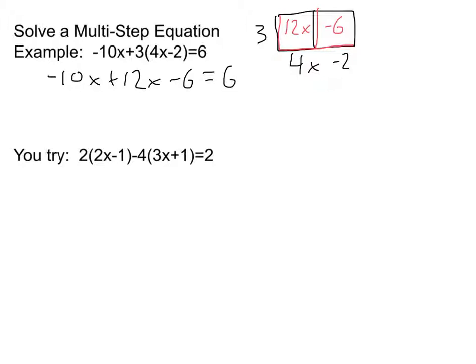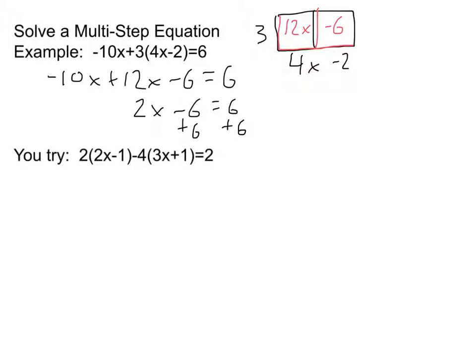All right, so combine like terms. I can put those two x's together right here. So that would give me 2x, because negative 10 plus 12 is 2, minus 6 equals 6. Then to get rid of subtraction, I add 6.